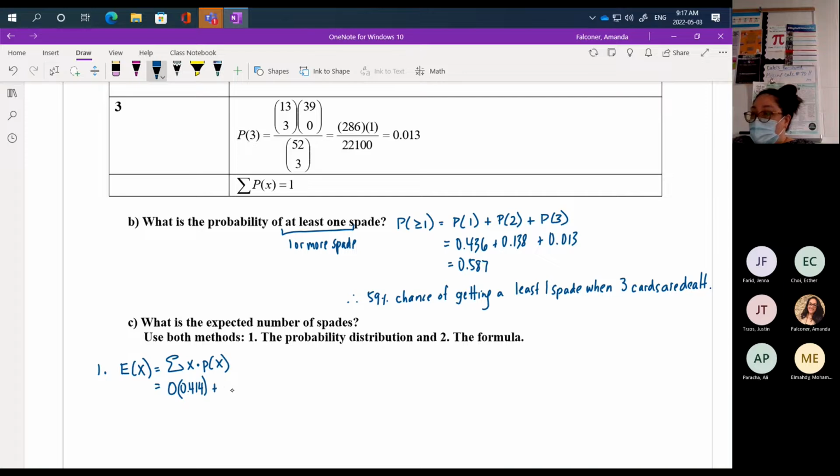Then I'm going to add to it the next outcome, which was getting 1 spade. I'm going to multiply that by its probability, 0.436. Then I'm going to add to it the likelihood of getting the 2 spades. And then finally getting the outcome of 3 spades, and each outcome has to be multiplied by their respective probability, and then we add them all together.